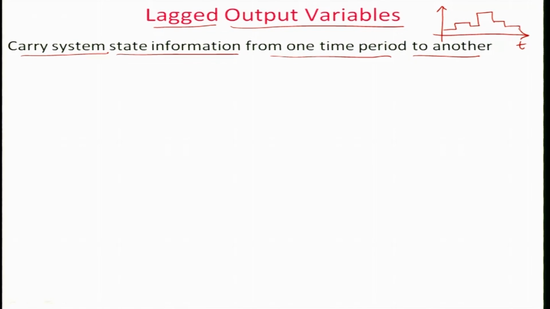So, the time dependent behavior of the system, when you carry that information from one time instance to another, the way you transfer this information between these time instances is what we call the lagged output variables. Okay. So, they carry system state information.